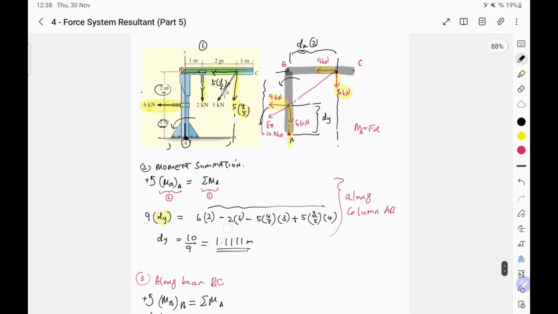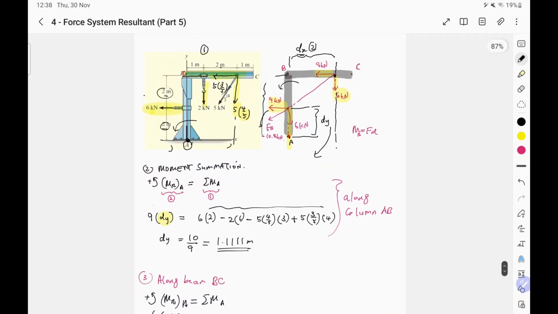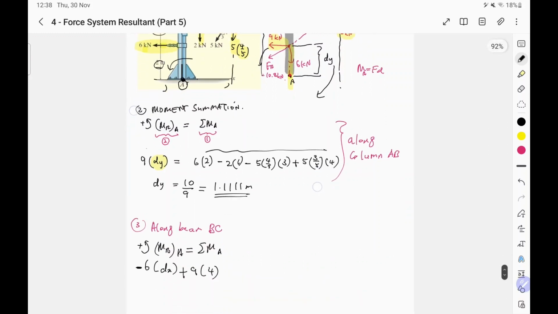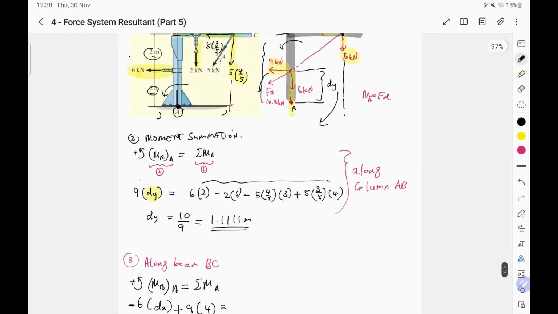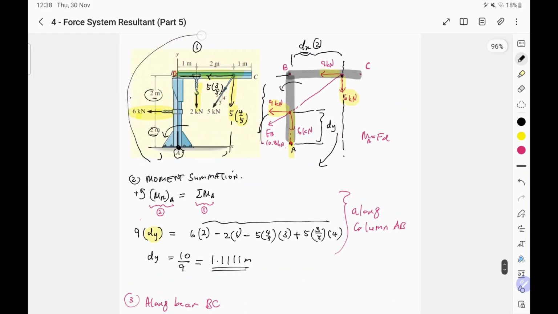Okay, but the 6 earlier, relative to point A, what kind of direction? It will create clockwise motion. Don't forget to put a negative in our moment equation here. Okay, so basically we've converted the two loads into an equivalent moment. Now you sum up and compare with the free body diagram of the original figure.